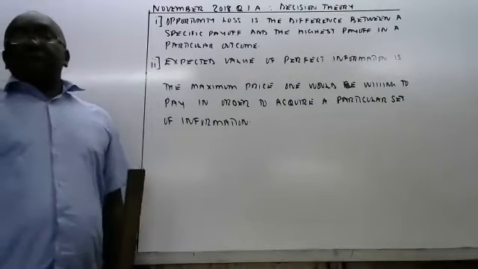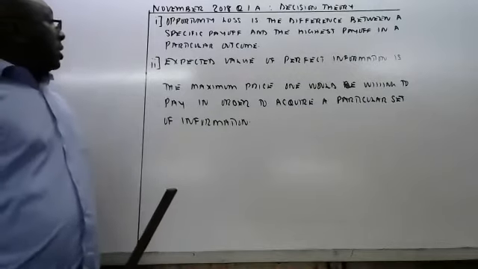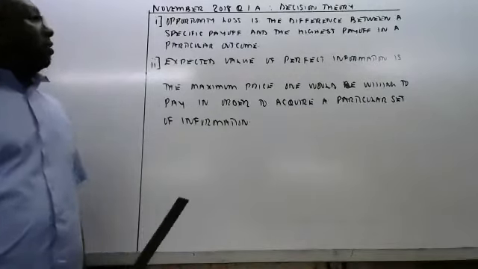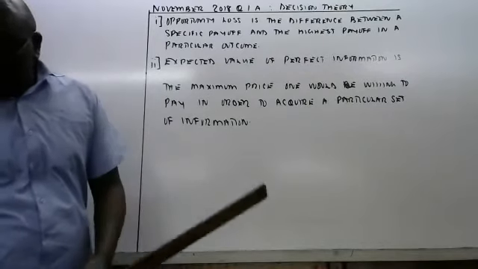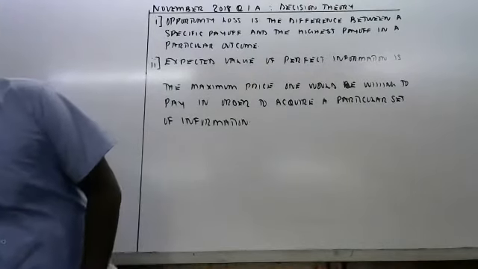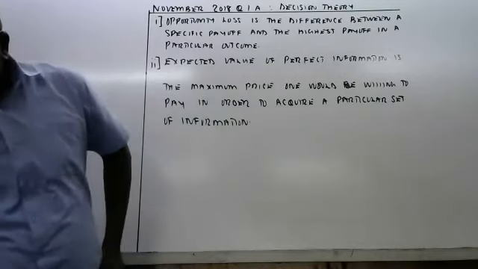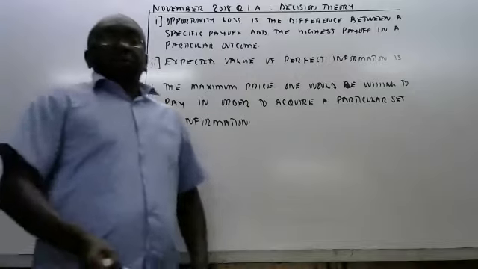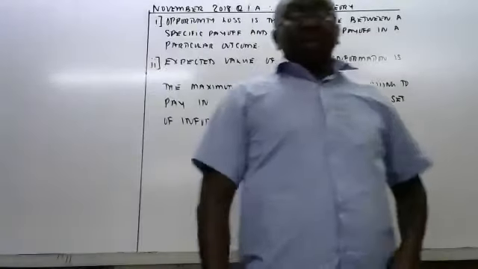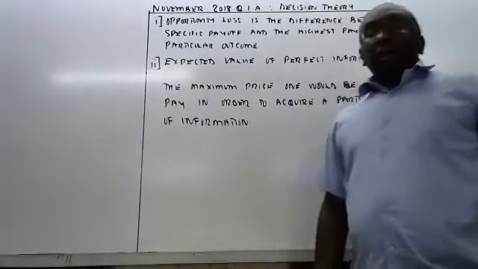That is what we refer to as expected value of perfect information. So I think we are okay with that.